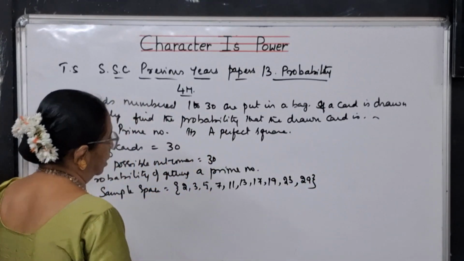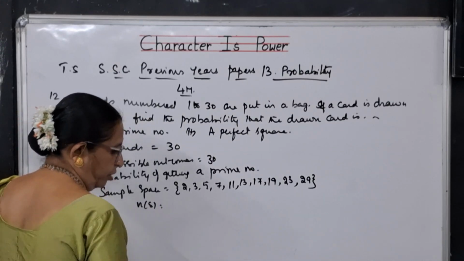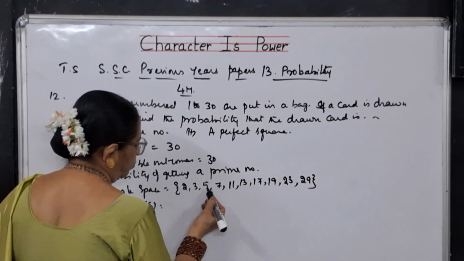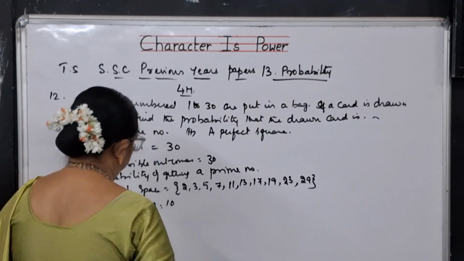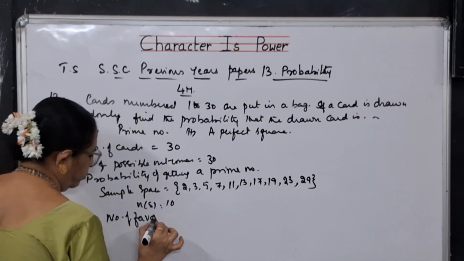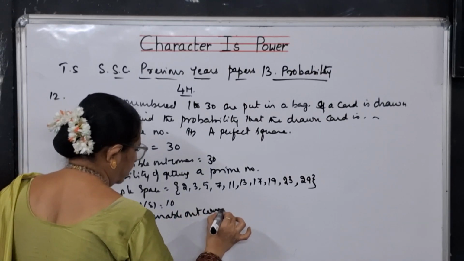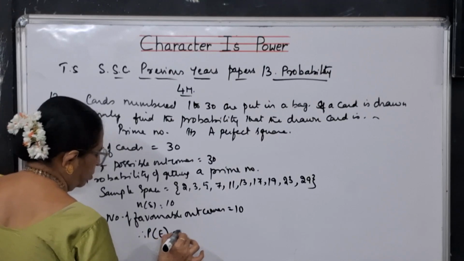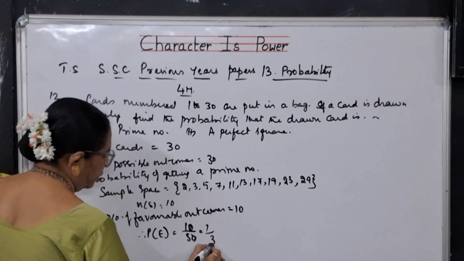Next 29. Next one 30 they said. So what is n of S? You have got 1, 2, 3, 4, 5, 6, 7, 8, 9, 10. So n of S is 10, means number of favorable outcomes are 10. Therefore, what is P of E? P of E is 10 by 30, that is 1 by 3.